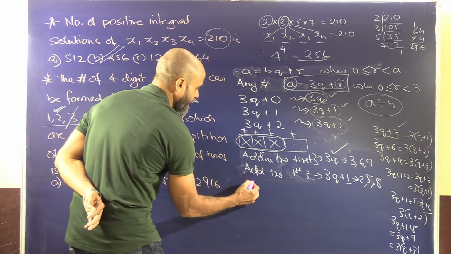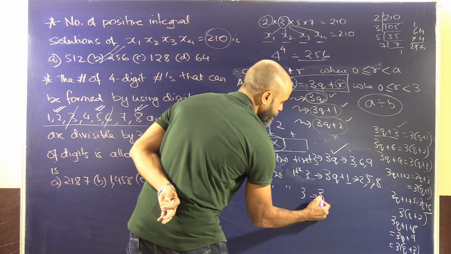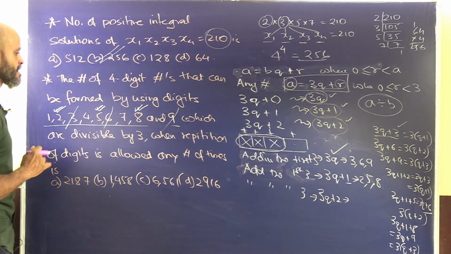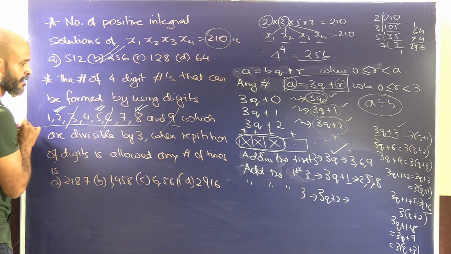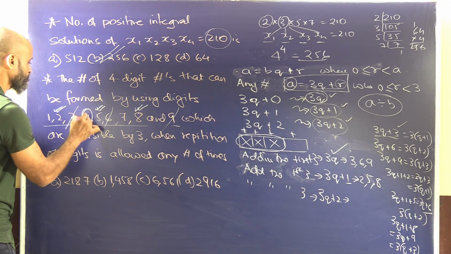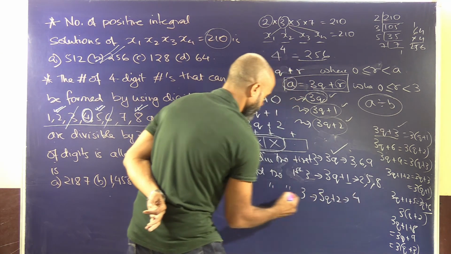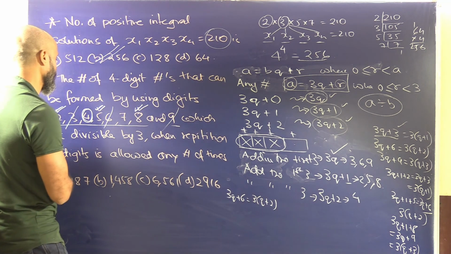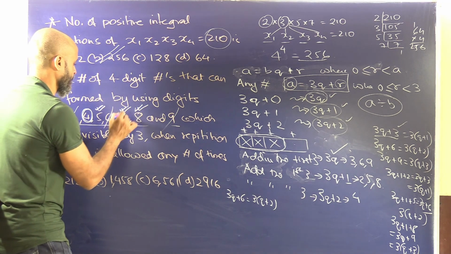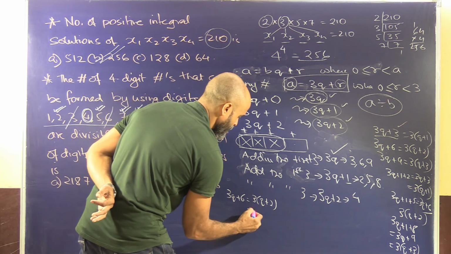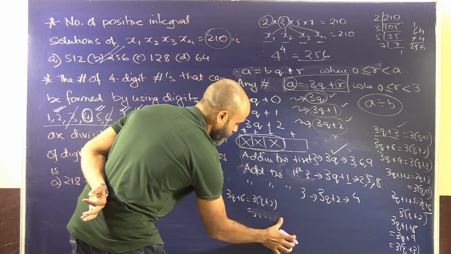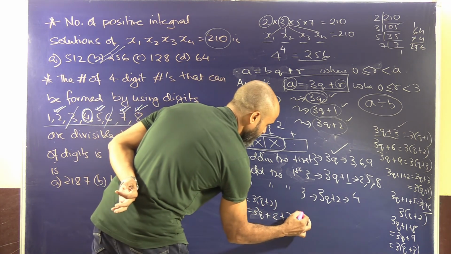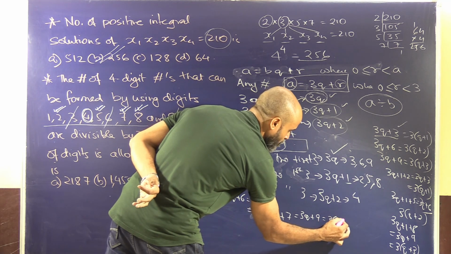Okay, now if adding the first three numbers gives us a number in the format of 3q plus 2, this 2 has to be converted, so if we add 4, this will make it 3q plus 6, that will be 3 into q plus 2. We can add 7 as well, so this will be 3q plus 2 plus 7, that will be 3q plus 9, that will be 3 into q plus 3, again divisible.